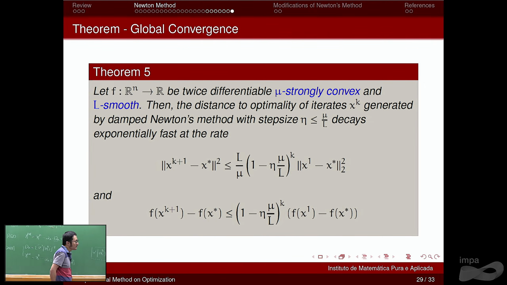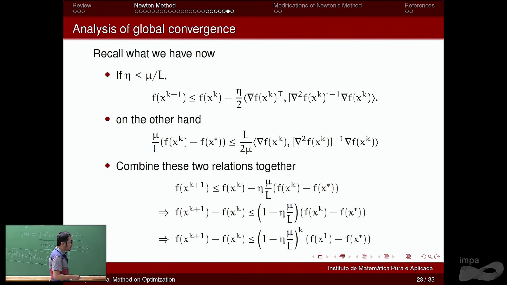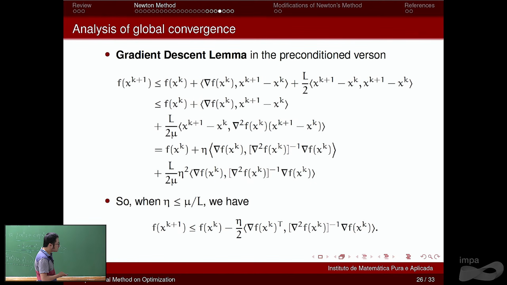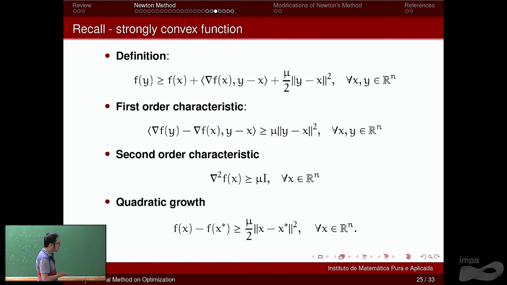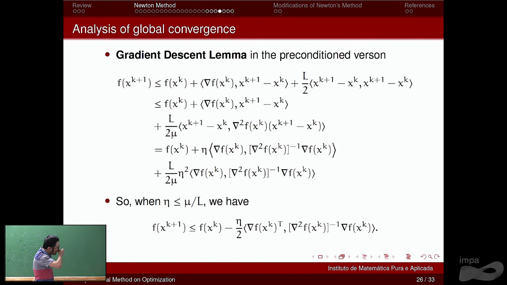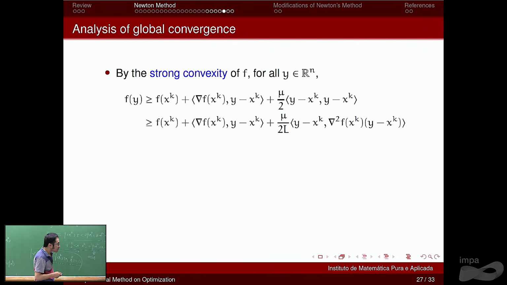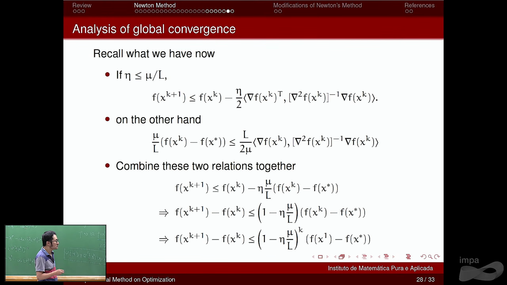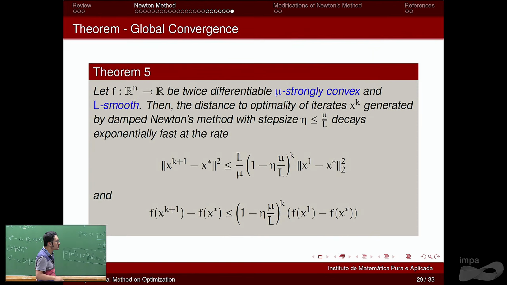And here we got the function value inequality, and so here we have this conclusion about the global convergence, okay?